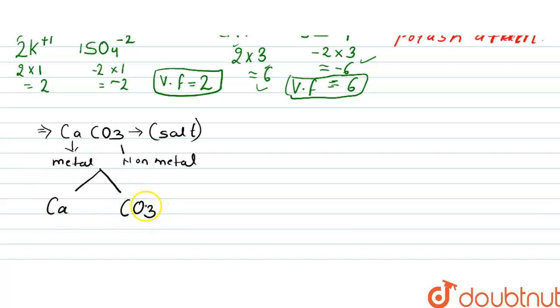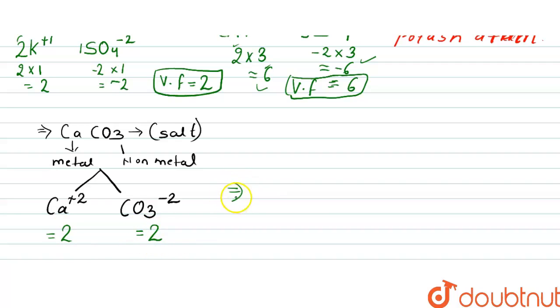And now we will write their oxidation states or charges. We know that calcium is +2, positively charged, and the carbonate has -2 charge. So the valence factor for calcium is 2 and for carbonate is 2.